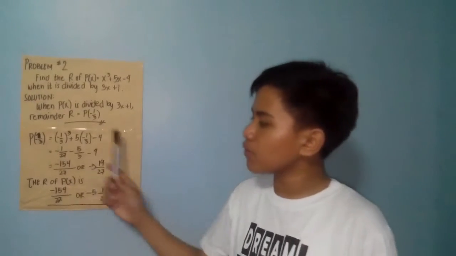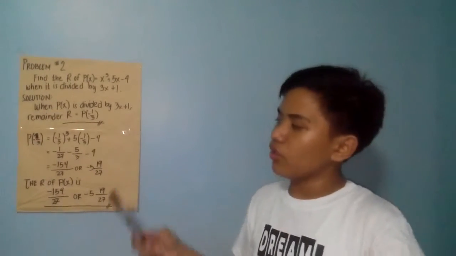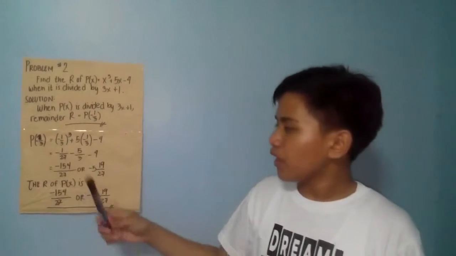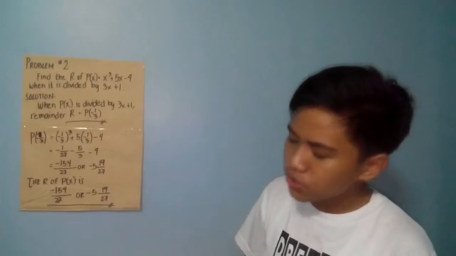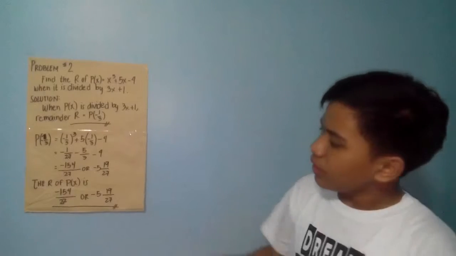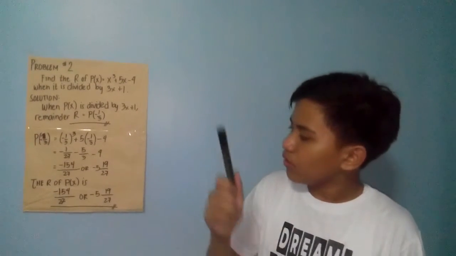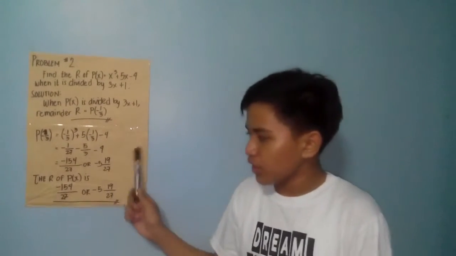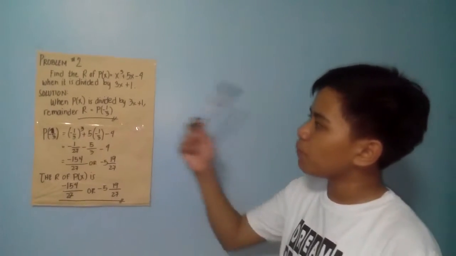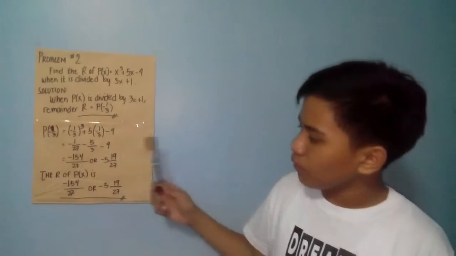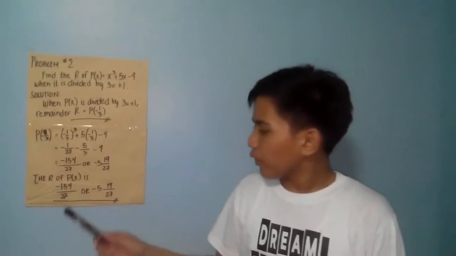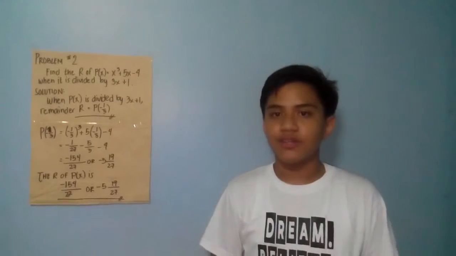And then when we simplify this equation, get the common LCD and solve it, it will result in negative 154/27, or negative 5 19/27 in mixed fraction. So as a final answer, the answer for problem number 2 is the remainder of P of x is negative 154/27, or negative 5 19/27.